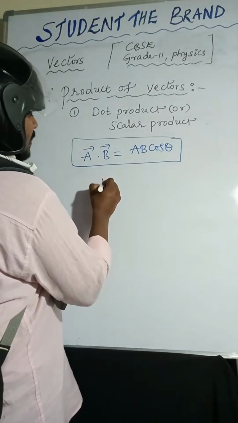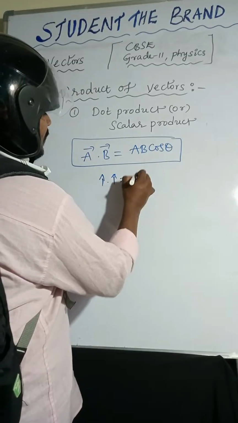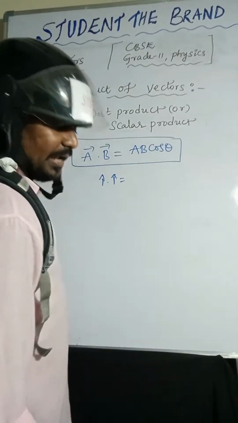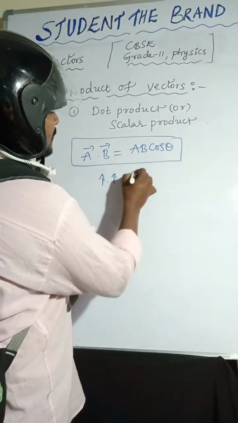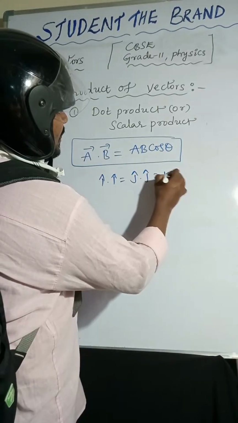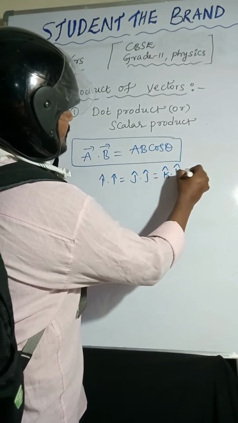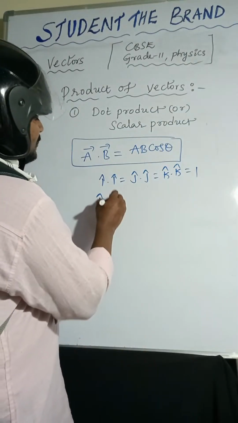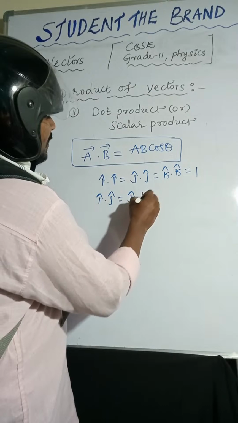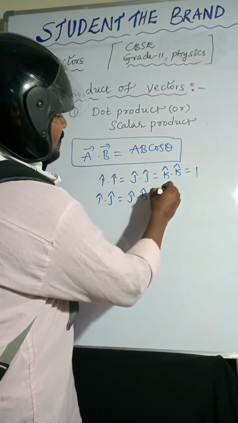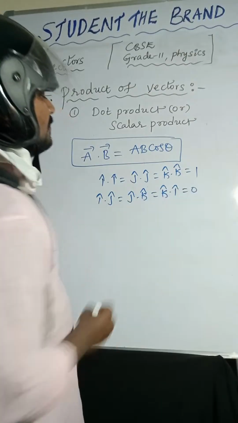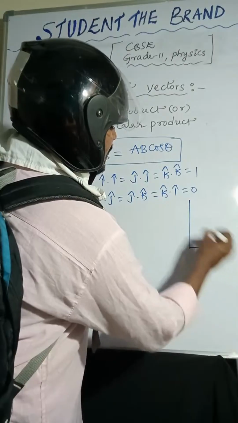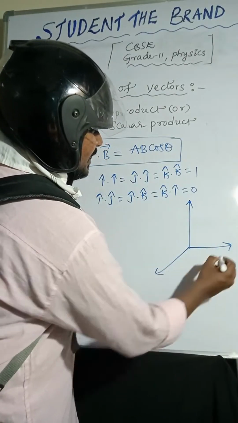So I cap dot I cap equal to J cap dot J cap equal to K cap dot K cap equal to 1, right? And I cap dot J cap, J cap dot K cap, K cap dot I cap equal to 0, because these are perpendicular vectors along the x-axis, y-axis and z-axis.